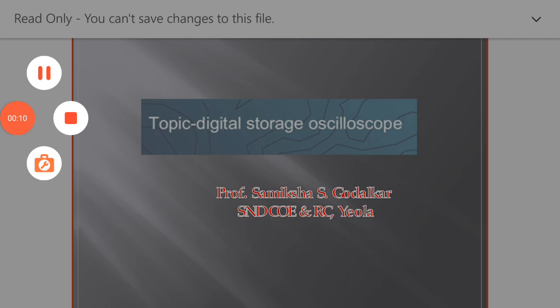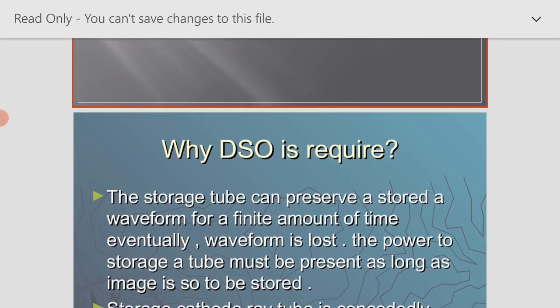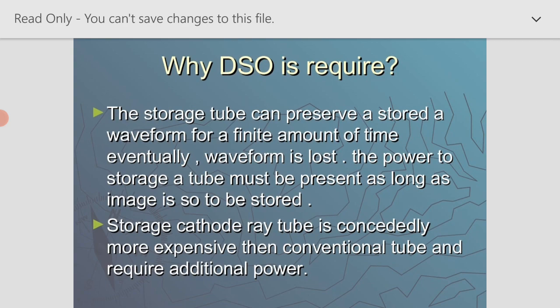Today's video lecture is on the topic of digital storage oscilloscope. Firstly, we see digital storage oscilloscope means DSO. Why is it required? The storage tube can preserve a stored waveform for a finite amount of time.